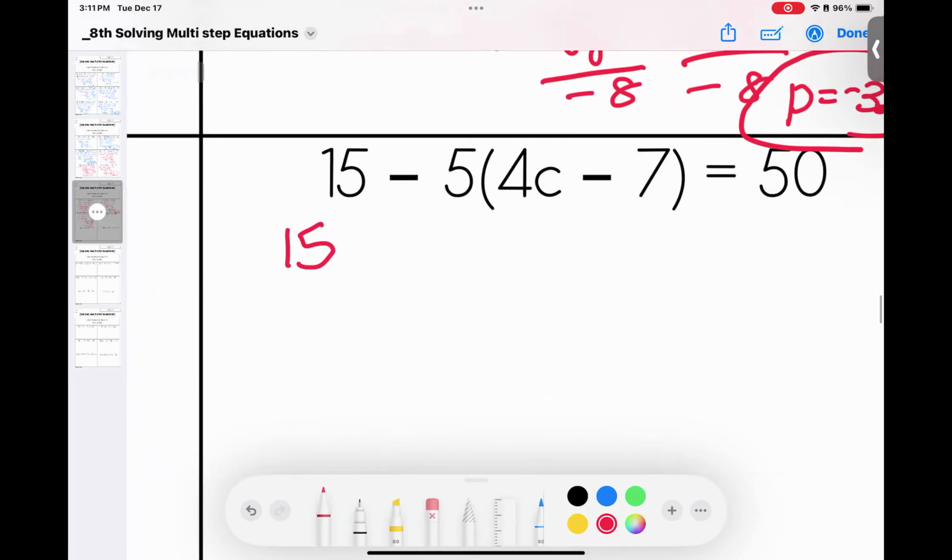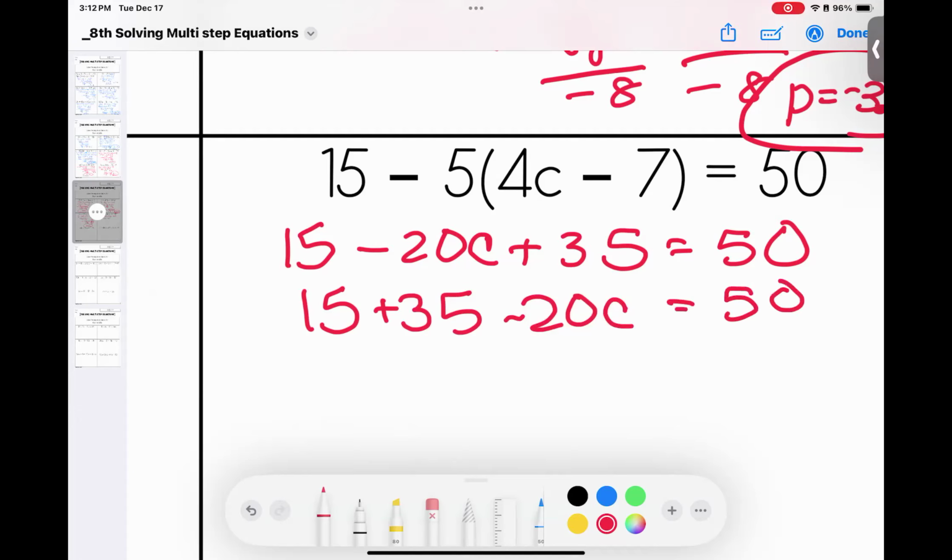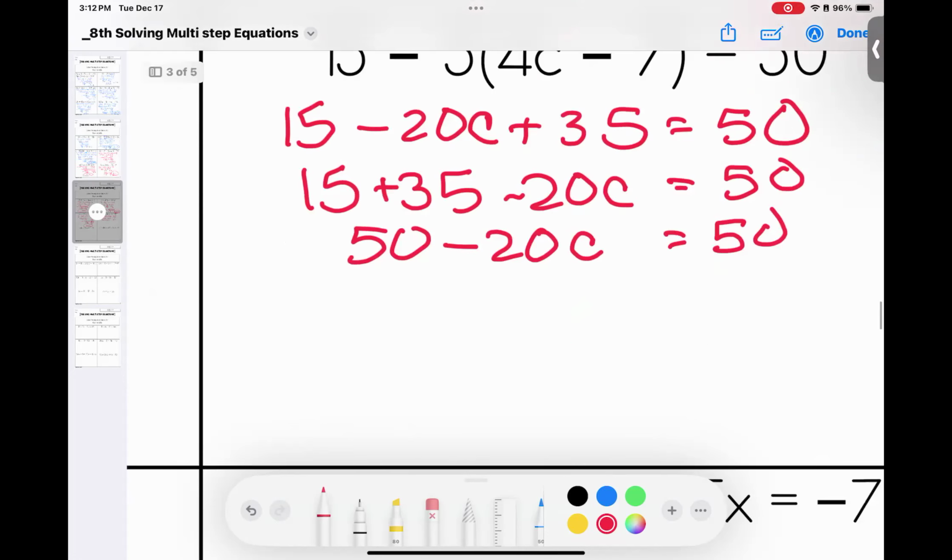Over here, 15 minus 20c plus 35 equals 50. We have 15 plus 35, reversing the order to put like terms together. We have 50 minus 20c equals 50. This is the one I talked to you about.